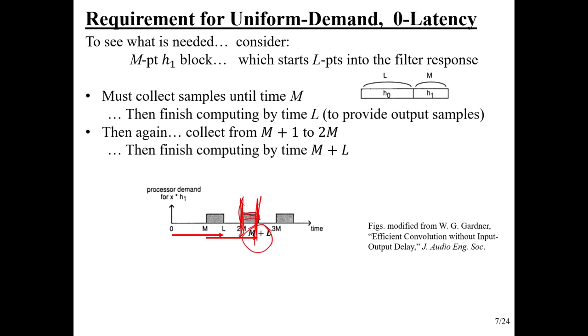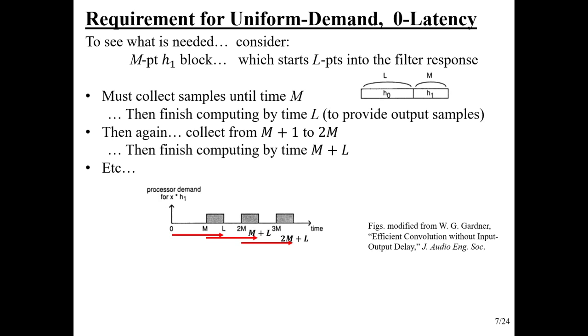Again, there's the time that we have available to do that. And so on. Now I'm just showing the next one. We start collecting here, and we need to be done by here, and we stop collecting here, we need to be done by here. And this would continue on.